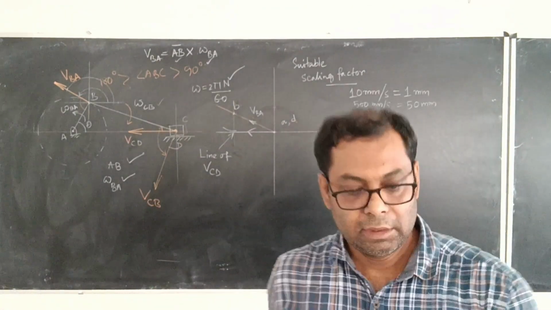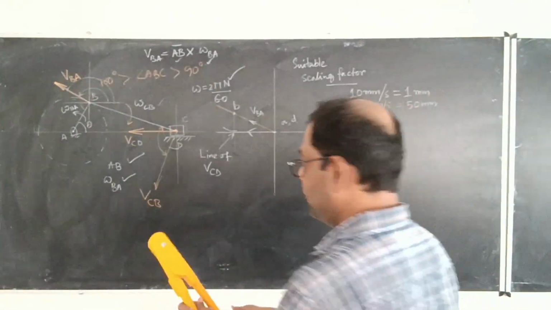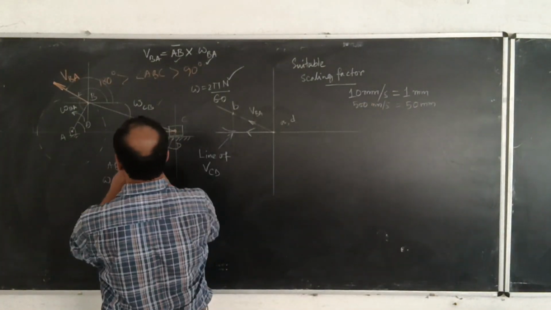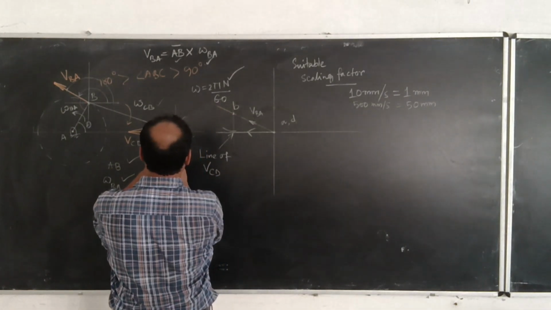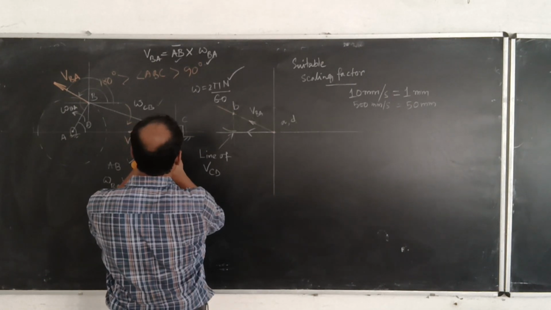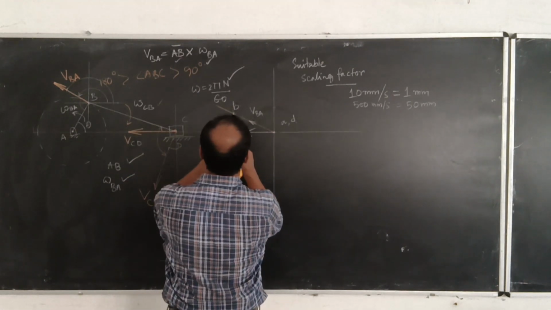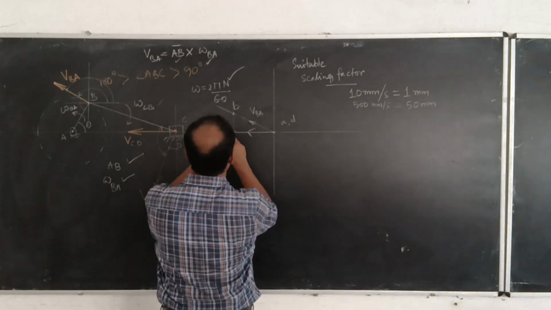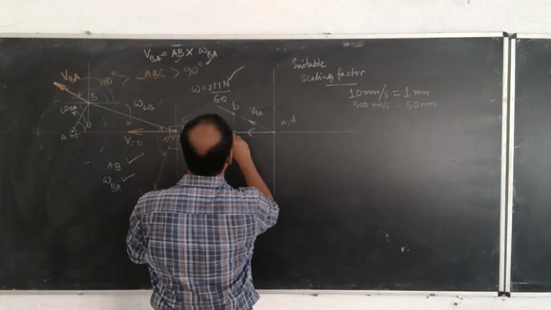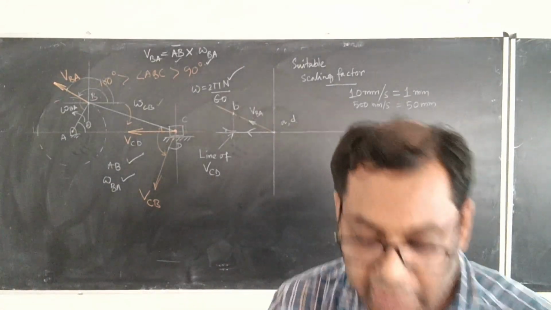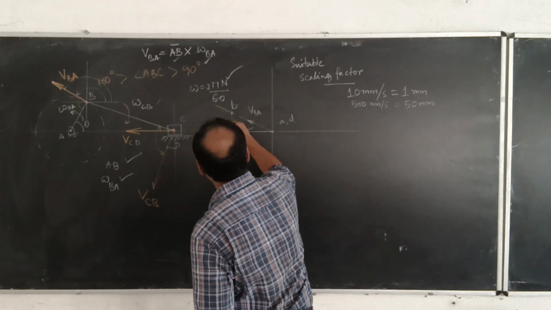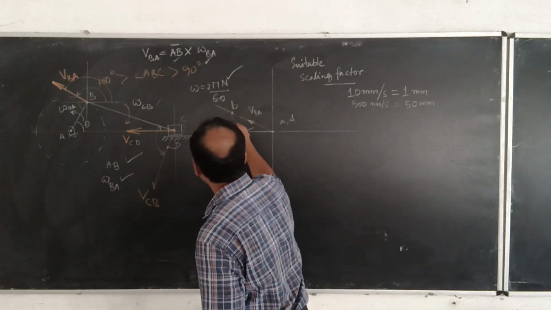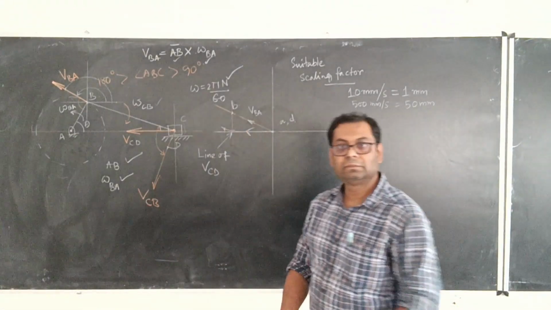Okay. So from that vertical line, we have to find out the intersection point. So where is the intersection point? Over here. This is the length of the intersection from here to here, a very small length. So like that, we have identified the point of intersection over here, which is represented over here also.